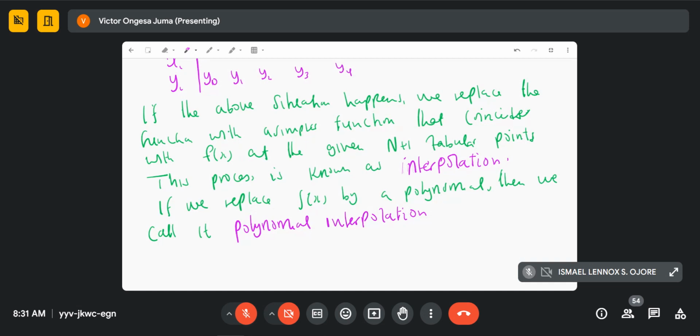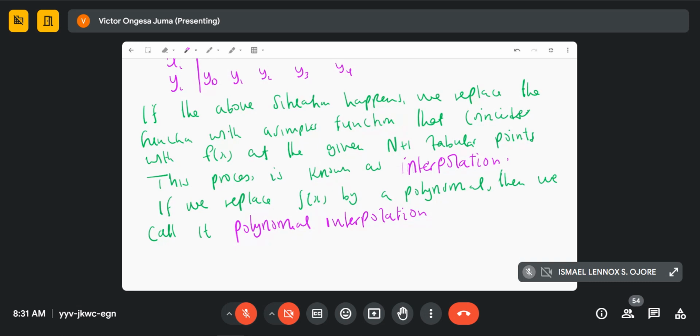Otherwise, if the data points are not equally spaced, then we have what is called Lagrange interpolation, or interpolating polynomials. So we will consider the two cases of interpolation.